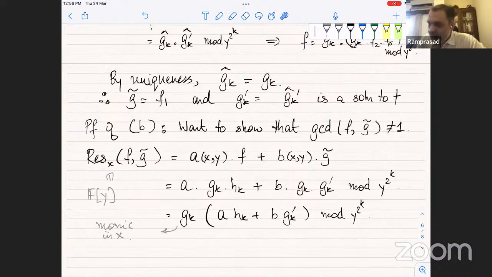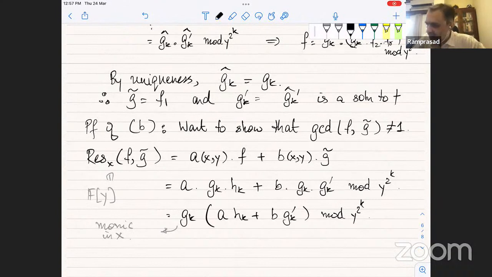If this was not monic, maybe it had a Y in the beginning, then you could have argued that I multiplied by y^(2^k) minus 1 and that term vanished. But we are assuming gk was monic, which means there was a term purely in terms of X's. How could that get cancelled on the right-hand side?